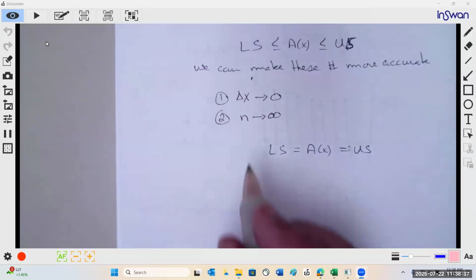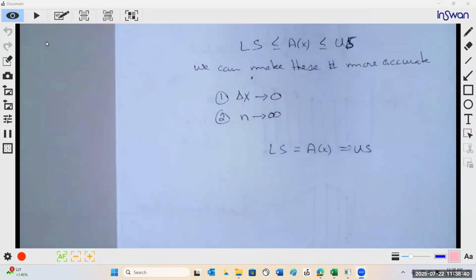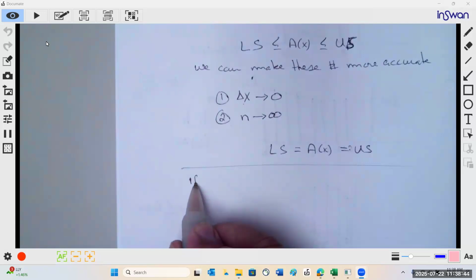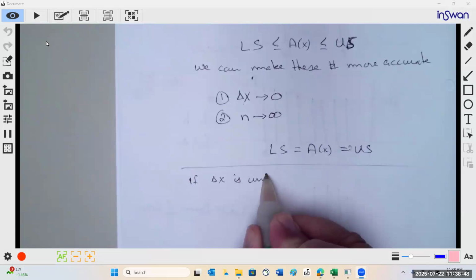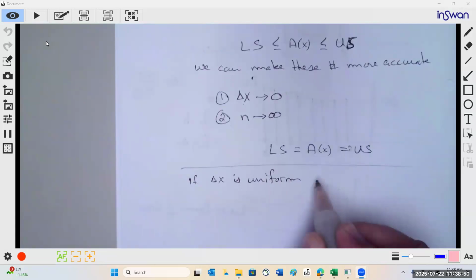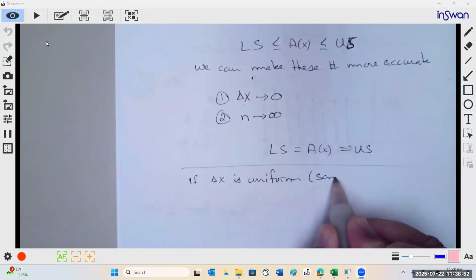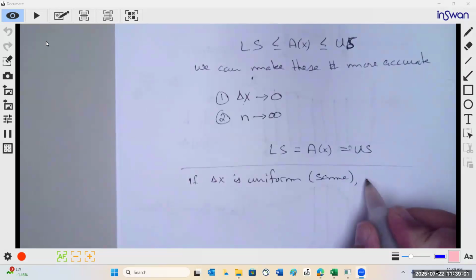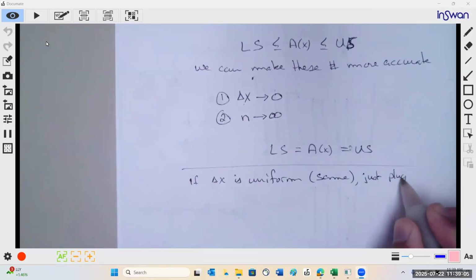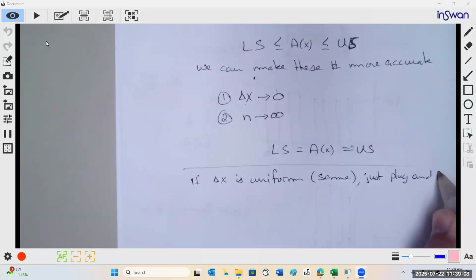So the problem is with delta x. Let's look at the first one. If delta x is uniform, which means the same, then it's no problem. We can easily do that. Just plug and play.